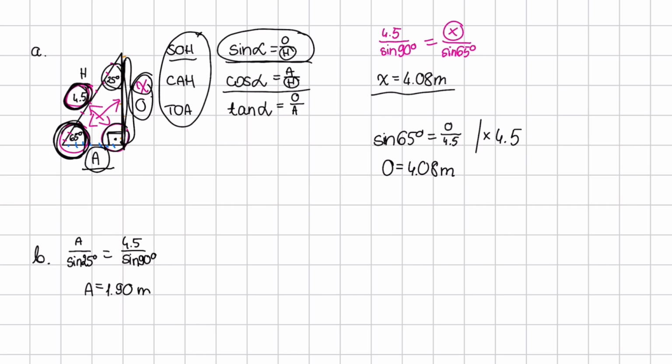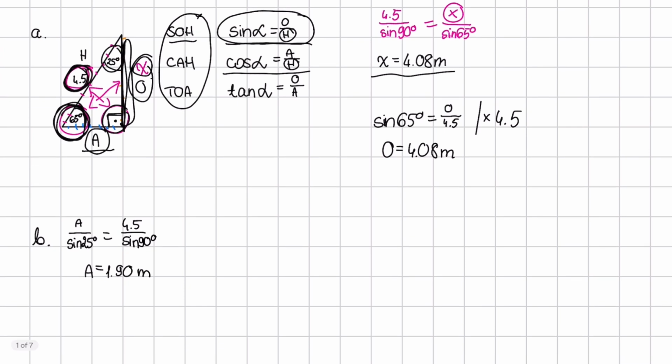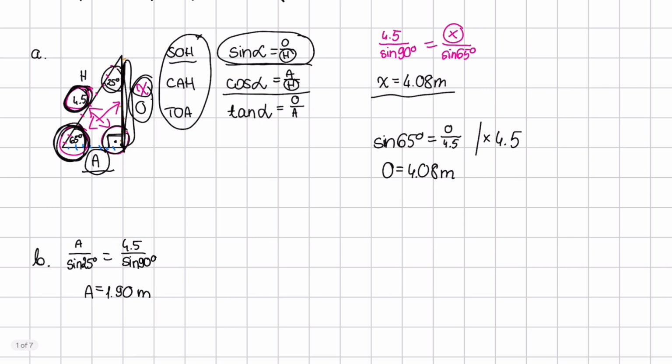The answer is 1.90 meters, and we can also solve it by using, in this case, cosine, because we have the hypotenuse, and we're looking for the adjacent.